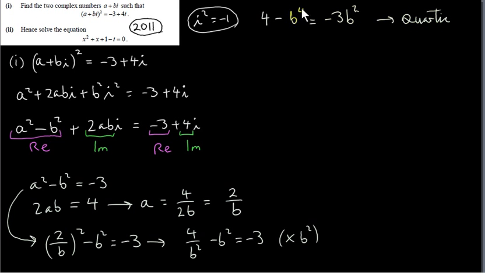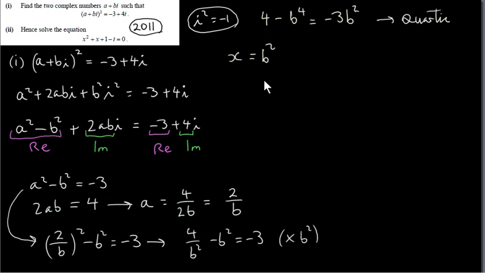Because, well, the highest power is 4, but we can transform it into a quadratic equation by making the following substitution. What we do is we let b squared be replaced by something, well, here I would call it x. So then this will transform into a quadratic.